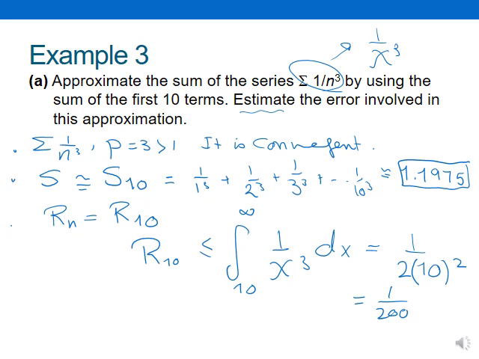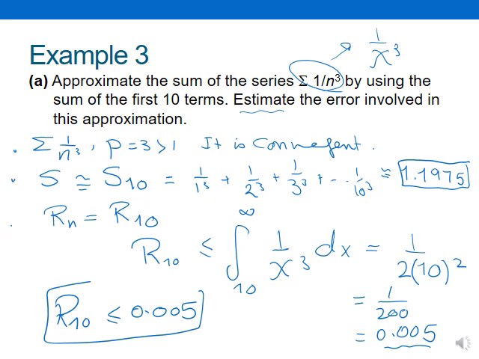This summation is approximated by the value 1.1975, and at most there is an error of 0.005. So 1 over 200 is 0.005. I know that my error R10 is bounded at most by this value.